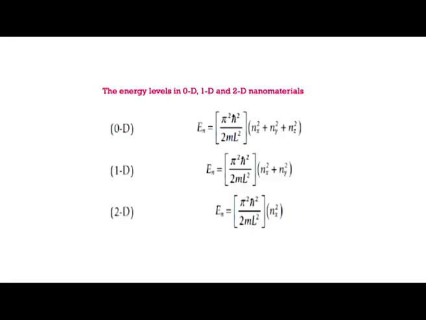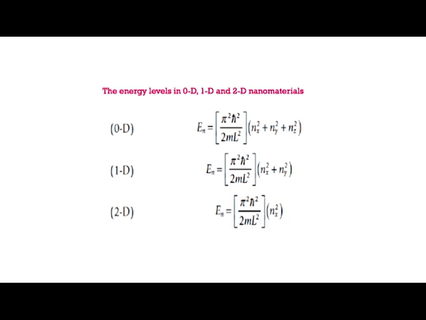For zero-dimensional nanomaterials, the energy is given by the equation E = π²ħ² / 2mL² × (nx² + ny² + nz²). What does L represent? L represents the edge length.